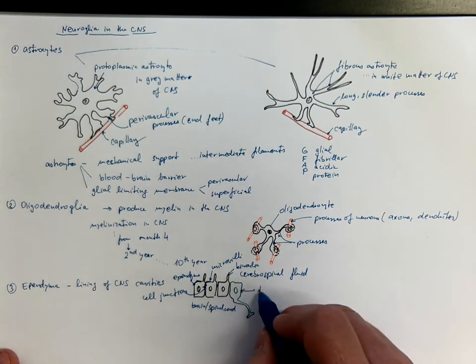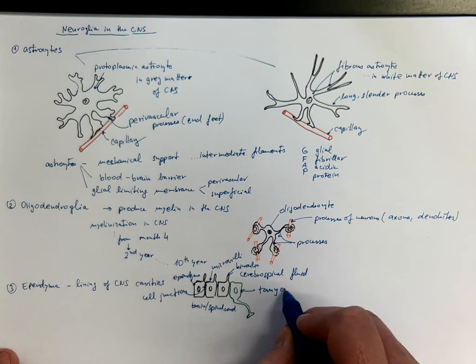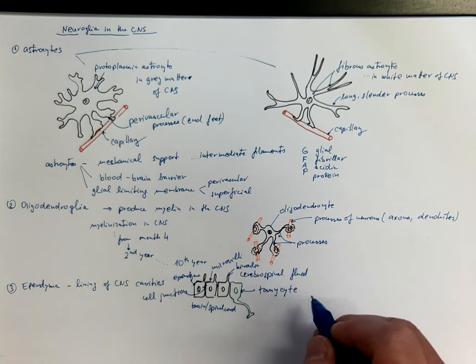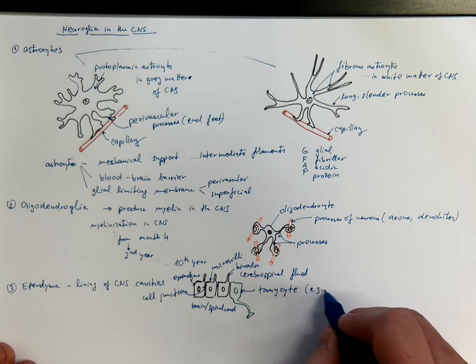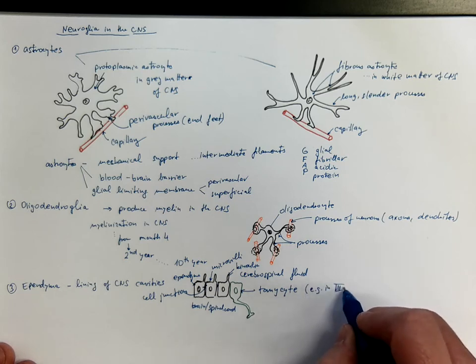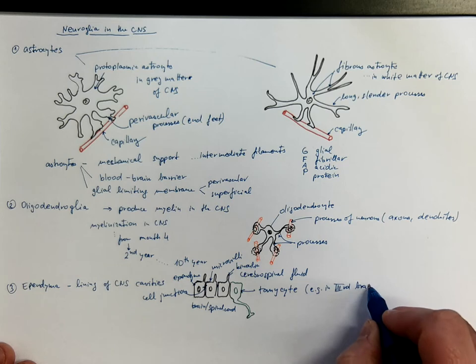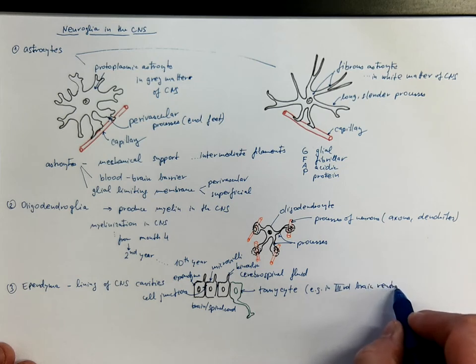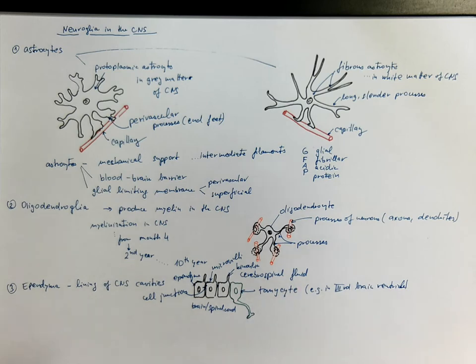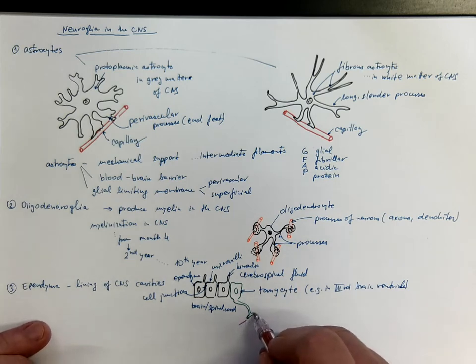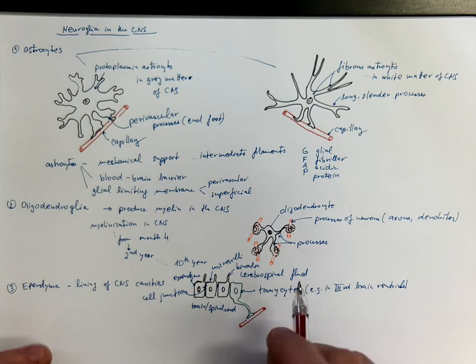This is a special type called tanycyte, for example in the third brain ventricle, with its perivascular feet surrounding the capillaries.